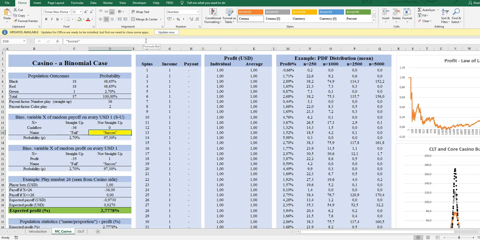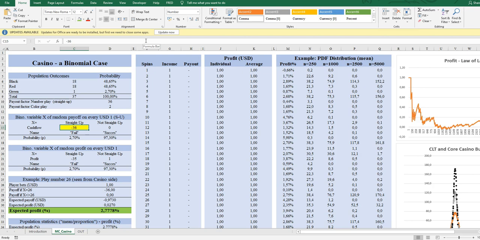Seen from the player, it's just reverse. If there is a hit on the straight up number, the casino pays 36 on every dollar. And if there is not a hit, they take the money and there is no cash flow to the player. So this is the cash flow.